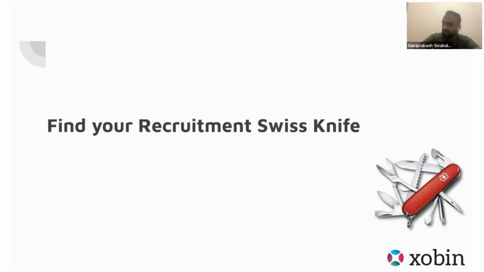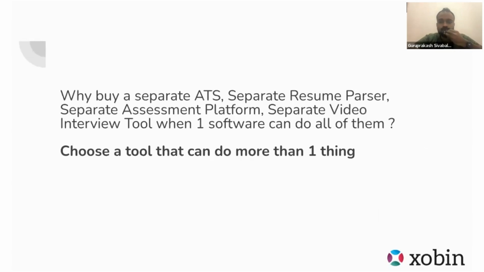But to effectively hire someone, you need one powerful tool which gives you a lot of possibilities. When the same tool can do the work of 4 or 5 different tools, there's no need for you to buy different tools, right?